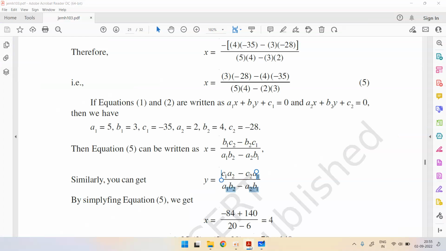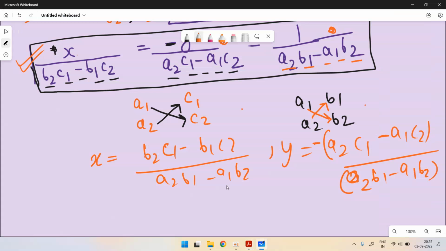Yes, minus sign if you have taken the bottom side to become a1 b2. So this is correct. Yes, this is correct.